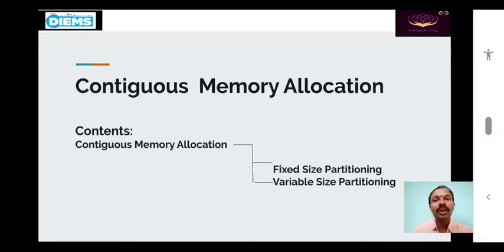As we already know, the example we took for contiguous memory allocation was an array. But in contiguous memory allocation, what are the different ways by which we will store the data? That is what we will see in this video.